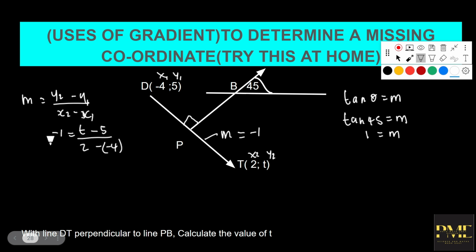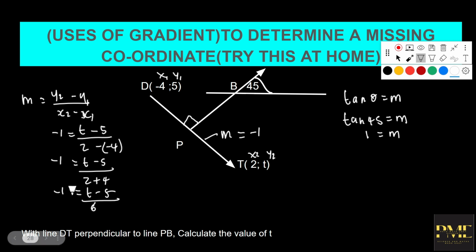All right, so we see here that the first thing to do is to get rid of the bracket first. So -1 is equal to t minus 5 all over negative times negative, that will give us a positive. So we have 2 plus 4, okay? 2 plus 4 is equal to 6, okay? So here we see that -1 is equal to t minus 5 over 6, okay? Right, cool.